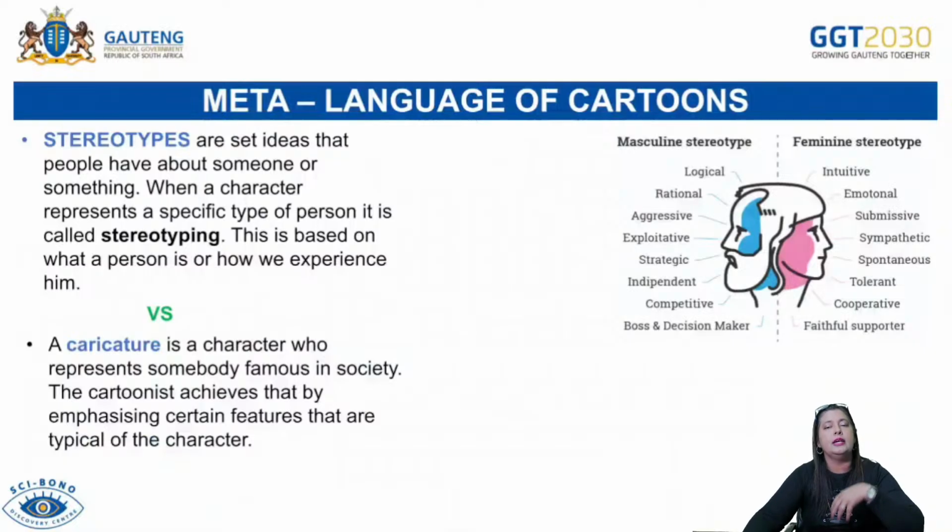And here we are showcasing certain aspects of that particular celebrity. It's almost like you enhance those features to emphasize that particular part of that person's body or feature, right? And that is caricature. Then you're looking at a masculine stereotype versus a feminine stereotype. You need to look at that, okay?